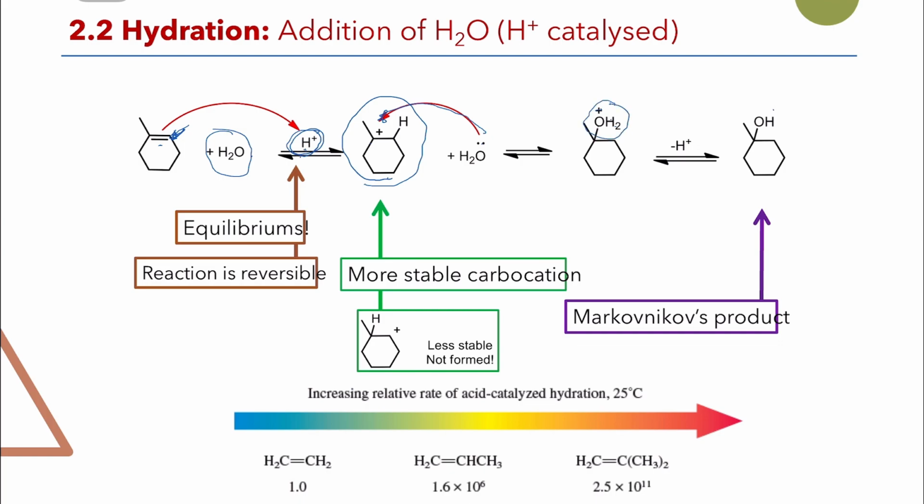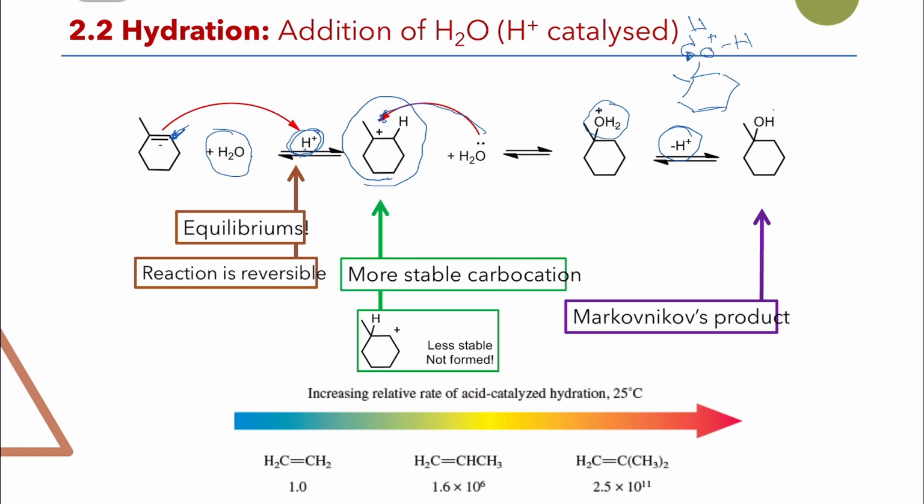So when you have this, the oxygen has two hydrogens and a positive charge. One of these bonds will break like this, and the electrons will go to the oxygen, and the hydrogen will leave as a proton, a hydrogen with a positive charge.